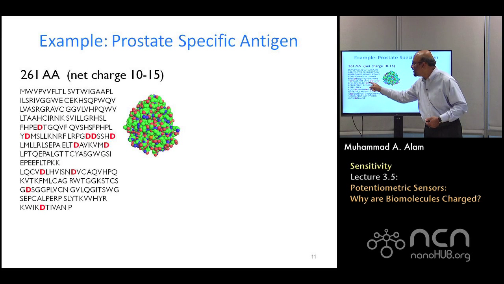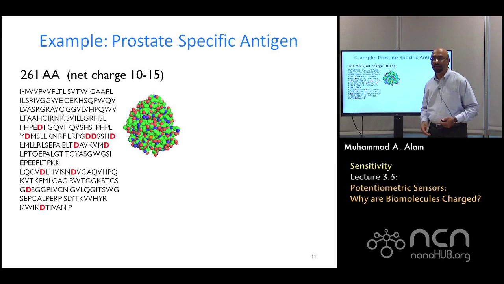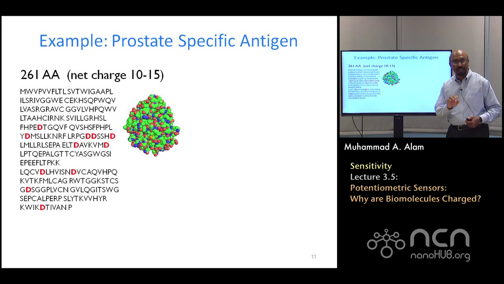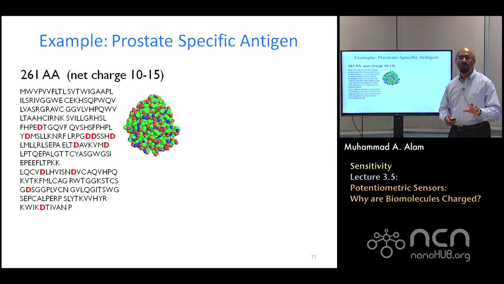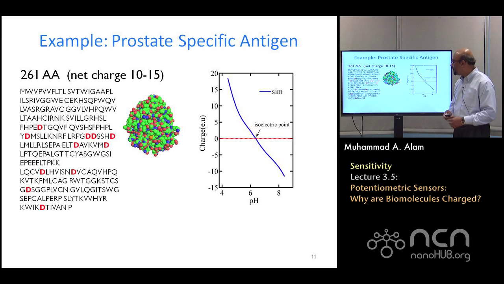Each one of them has a certain amount of charge specific to the pH. Remember, with different pH, it will be slightly different, and you just put it in a calculator and calculate how many positive and negative charges you have. This is a representative typical calculation. What you see is that below a pH of 6, or slightly more than 6, things are positive.